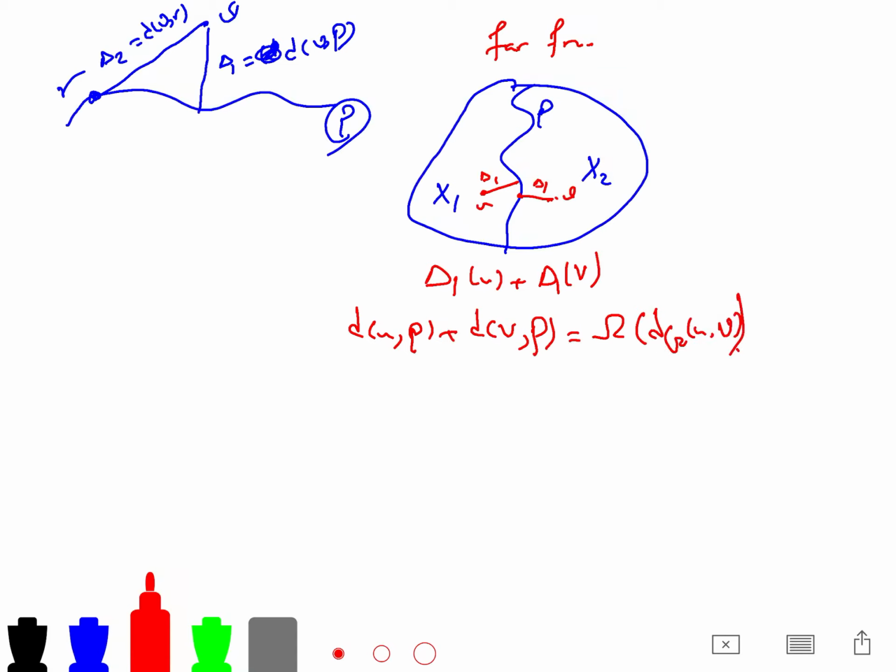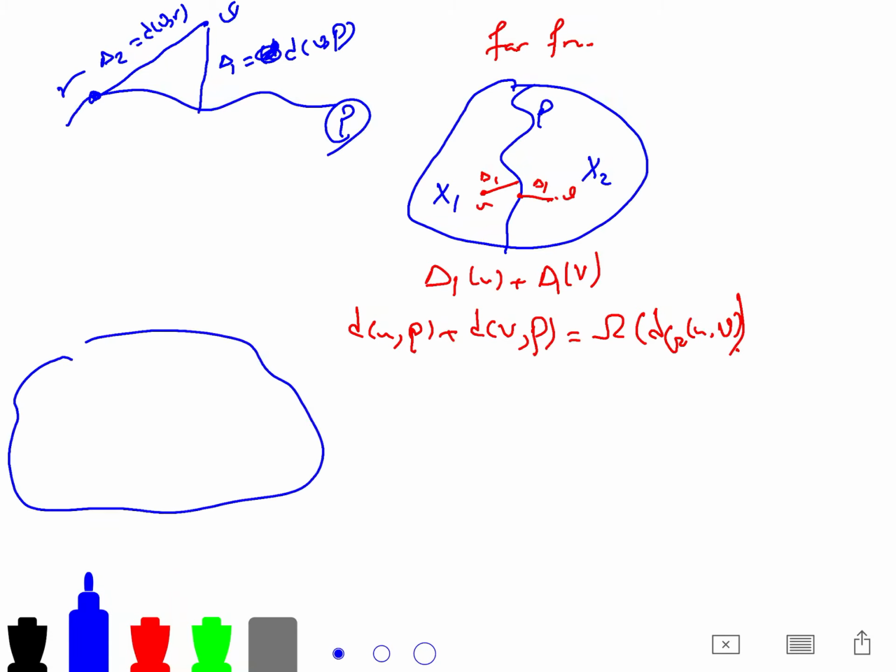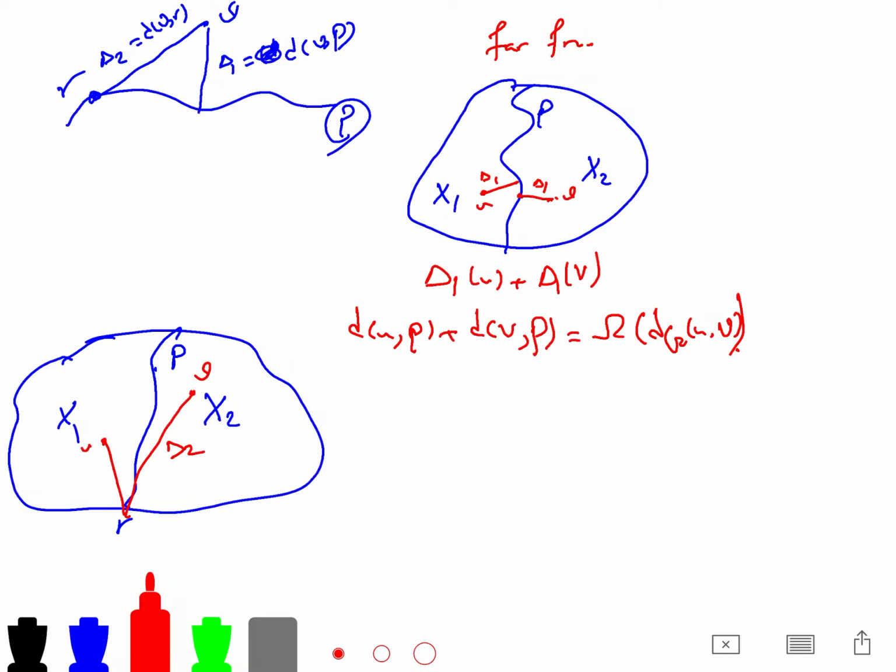There is another case, points that are close to the path. For example, this is the root of this path P, and it creates two clusters, x1 and x2. This is point v with its delta 2, and this is u with its delta 2.